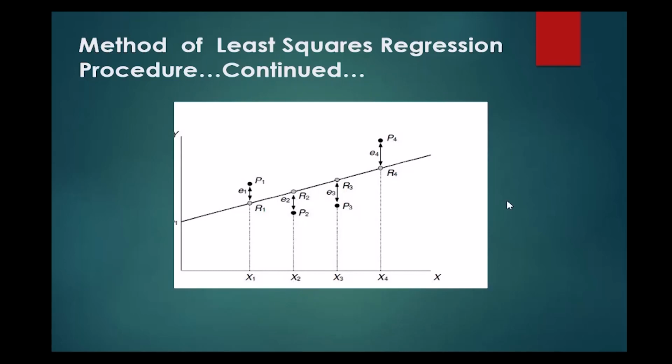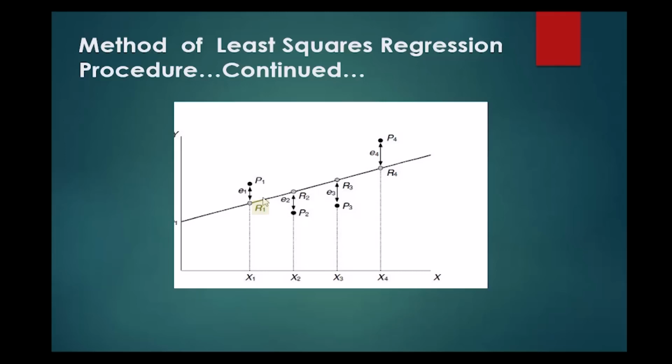So we move on to this particular slide where we see how the distances are being measured. Here also we refer to all the 4 points, and accordingly we find the fitted line and we find E1. This E1 is the error which needs to be minimized. What is E1? E1 is the distance between P1 and R1, and that needs to be reduced as far as the regression procedure is concerned.